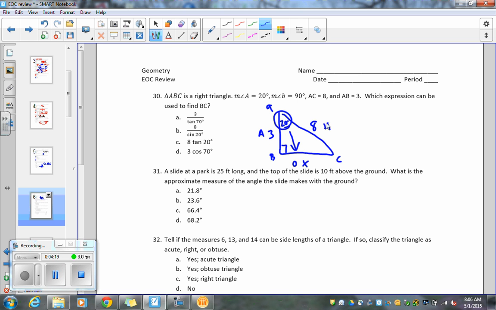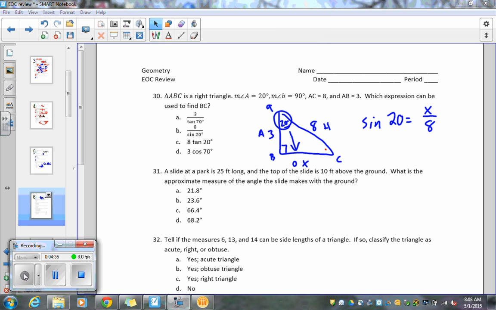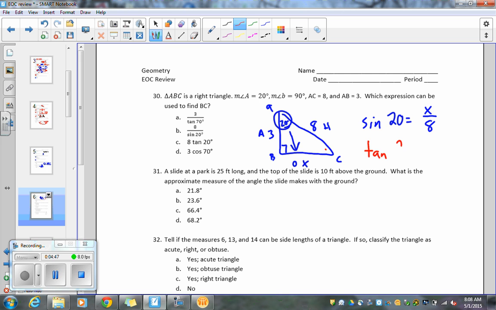So what I would need to use is sine 20 is equal to x over 8. And what I just figured out is this is not one of my options here. So you can figure it using sine, but for the answers that they're given, let's go ahead and use tan. You can also use tan 20 is equal to x over 8, which in order to solve for x, I have to take tan and multiply by 20, so the answer should be C.